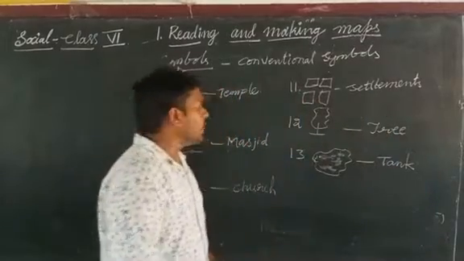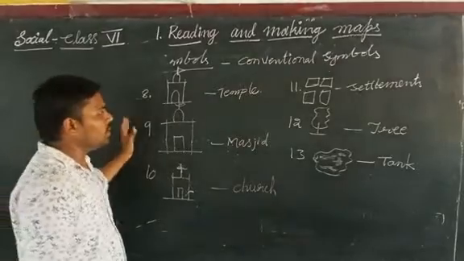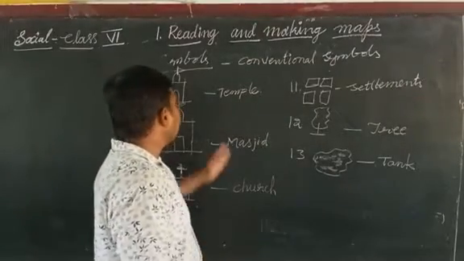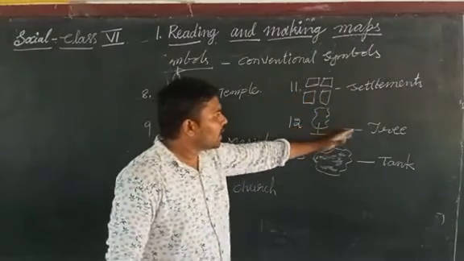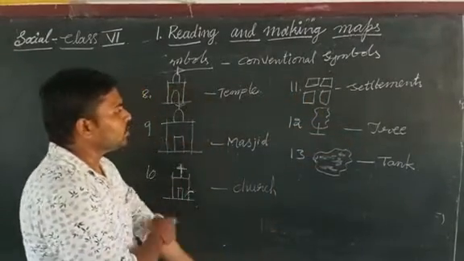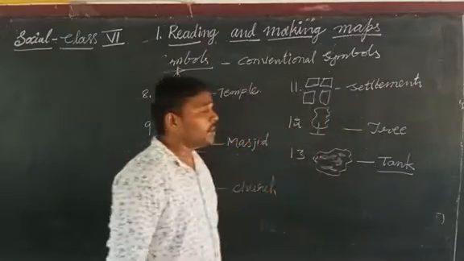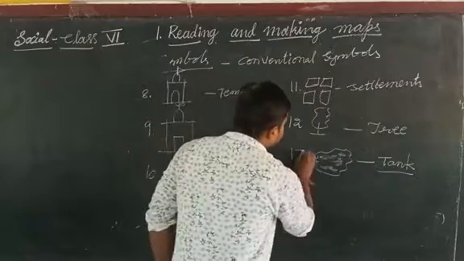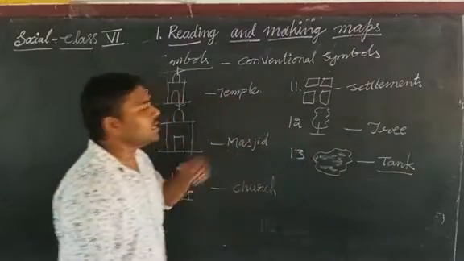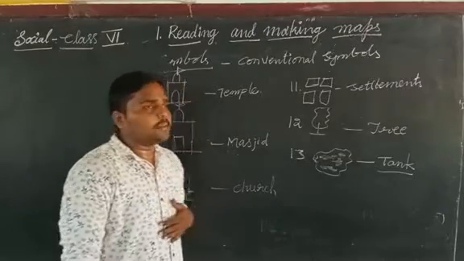Okay, children, these are the conventional symbols which we use while preparing maps. These are the symbols of temple, masjid, church, settlements, trees, and tanks. Here tanks means water, ponds. These are called conventional symbols.